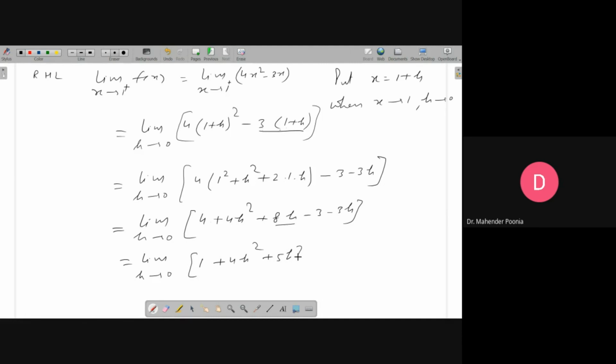This is equal to 1 plus 4 into 0 plus 5 into 0, because we put h is equal to 0, so h square is 0 and h is also 0, which is 1 plus 0 plus 0 is equal to 1.